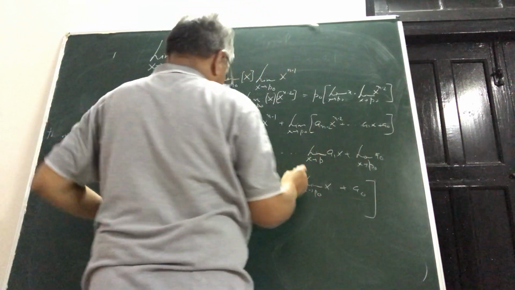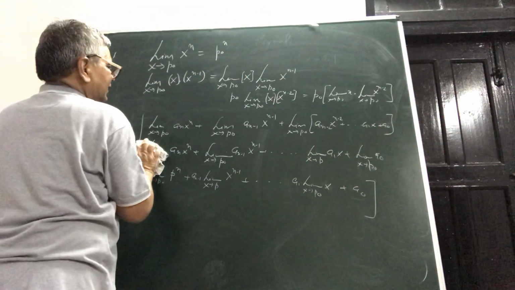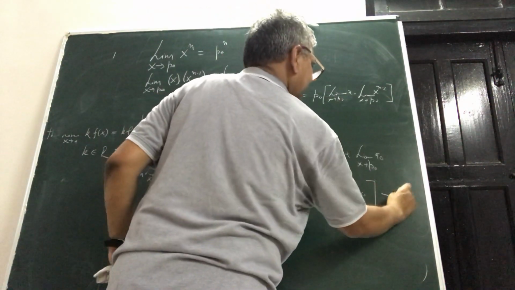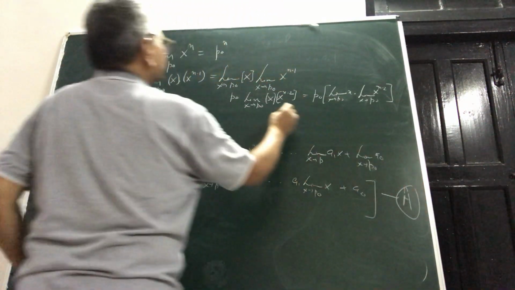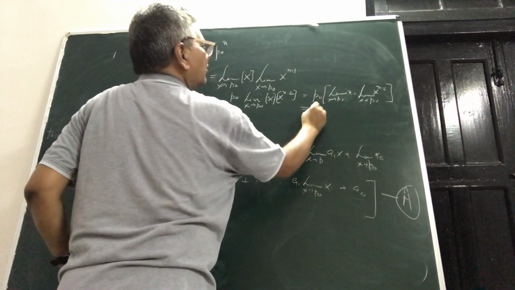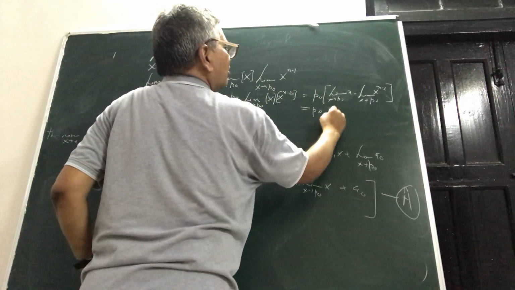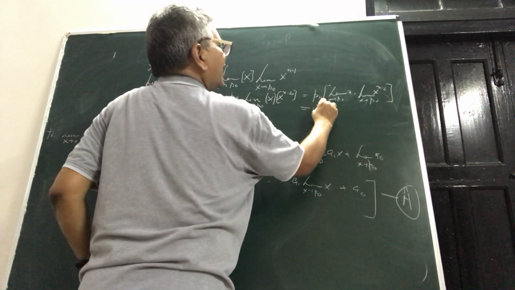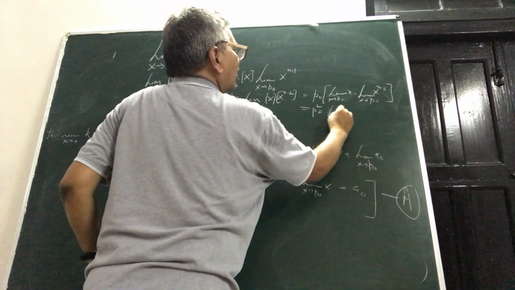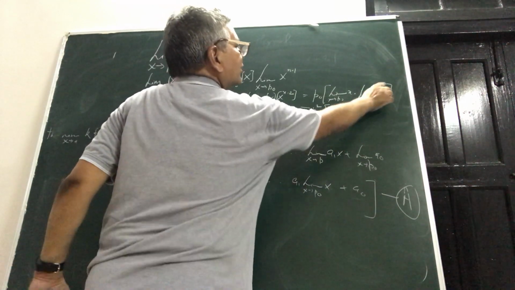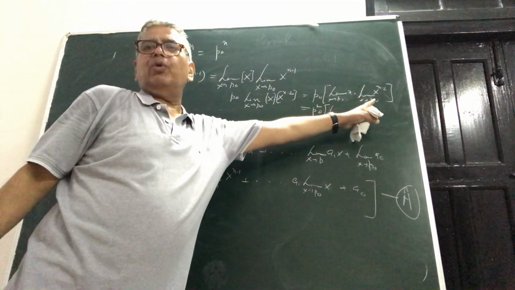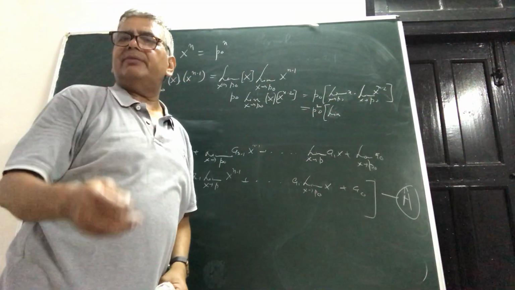So this is again giving the same thing. This result I am writing as A. So this is p naught into p naught, so p naught squared, and the limit of x tending to p naught of x raised to power n minus 2. Again this can be broken as x into x raised to power n minus 3.